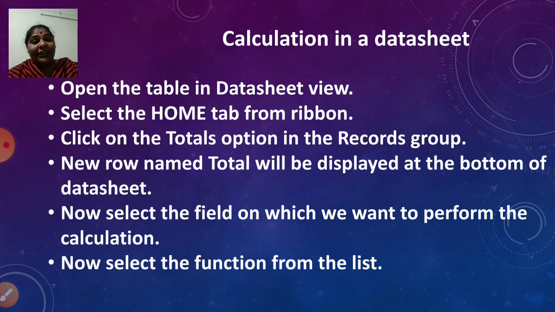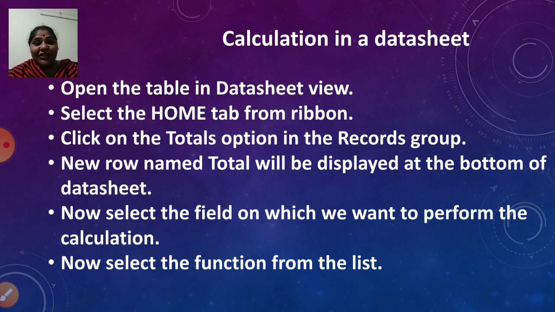When you click that totals option, one complete new row will be displayed at the bottom of your data sheet, named total. Now select the field on which we want to perform the calculations.